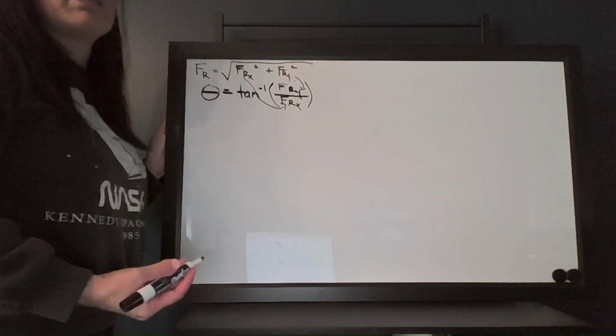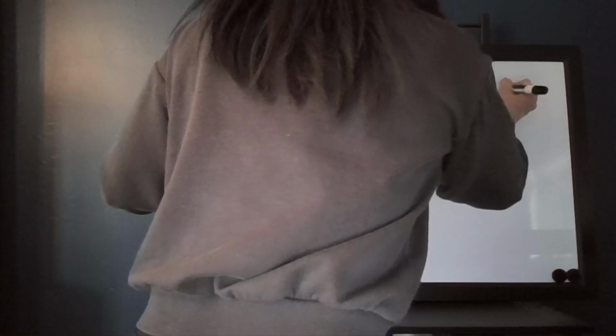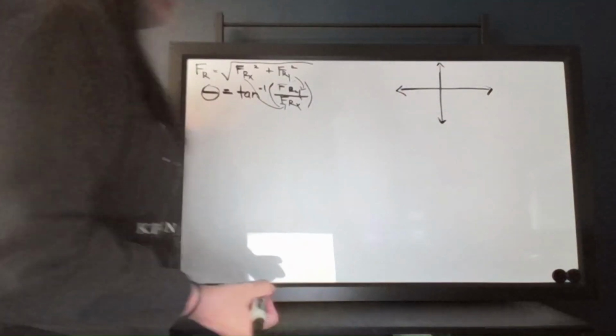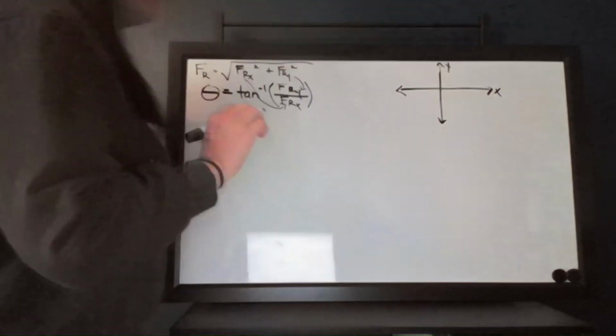Now I'd like to draw the free body diagram. So let's draw, very badly, the x and y plane. Y, x. And I know positive x points in the right direction.